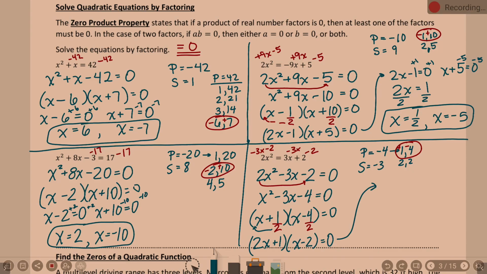Now I will take that step. 2x plus 1 equals 0. X minus 2 equals 0. So, if it's 2x plus 1, subtract 1. 2x equals negative 1. Divide by 2. X equals negative 1/2. Or x equals 2.